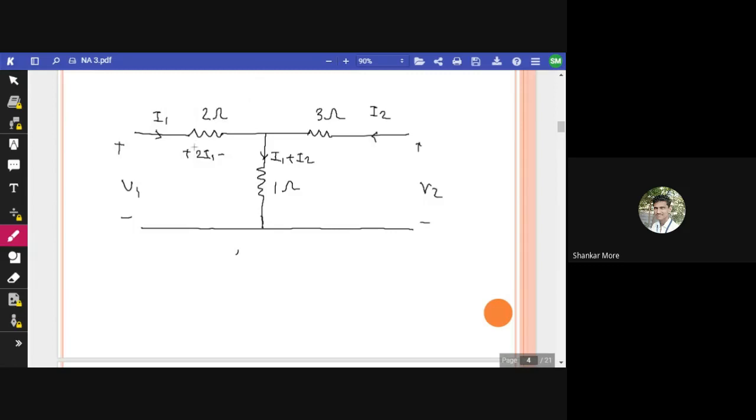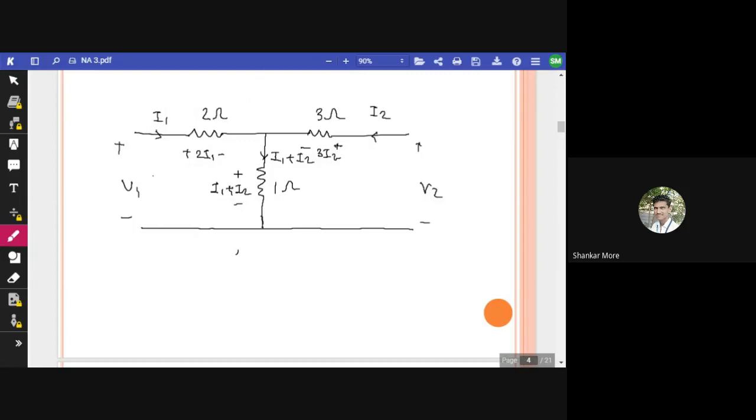So 2I1 will be the voltage across this resistance. Now minus 3I2 will be the voltage across this resistor. And here we will have I1 plus I2 as the voltage, since a 1 ohm resistance is there.